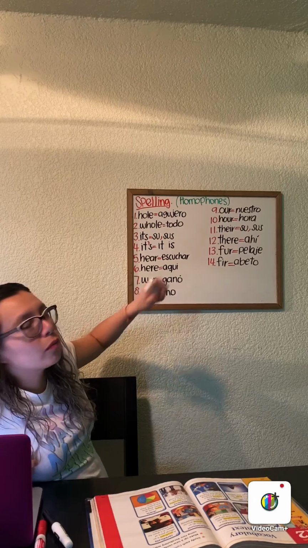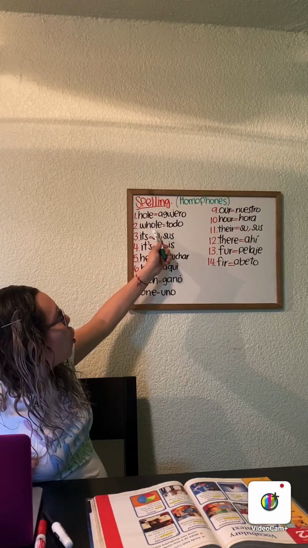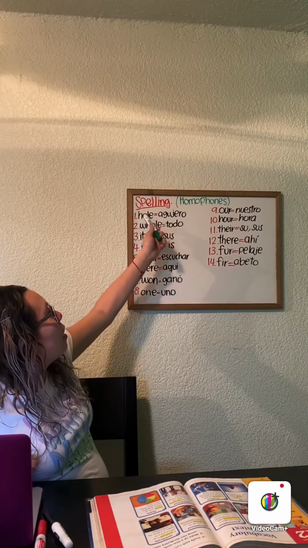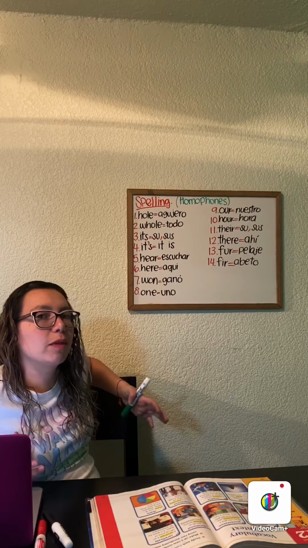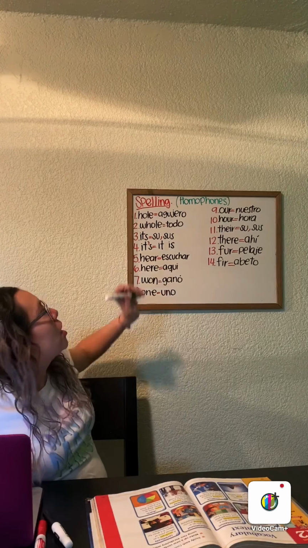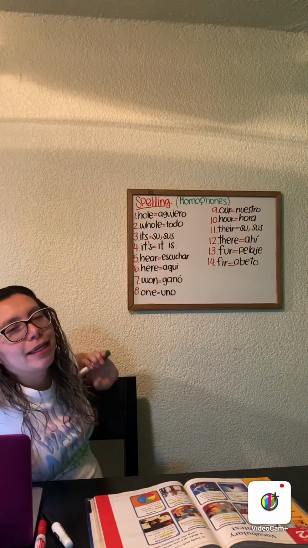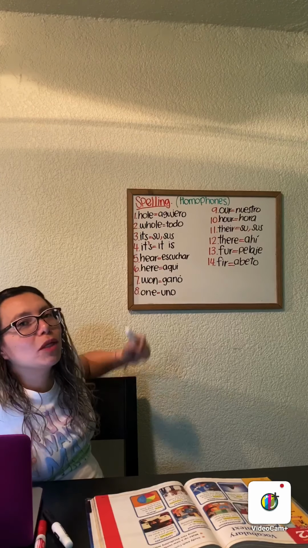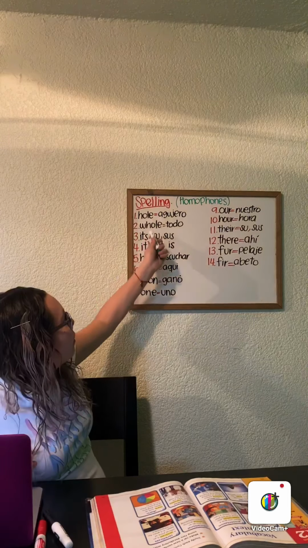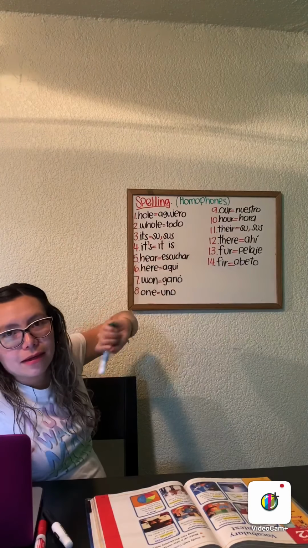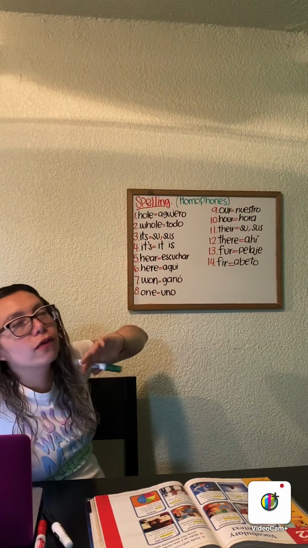On the second word we have W-H-O-L-E. And the meaning of hole is agujero. Repeat, hole, agujero. And whole means todo. Repeat, whole, todo. They have different spelling and different meanings, but they sound very similar.